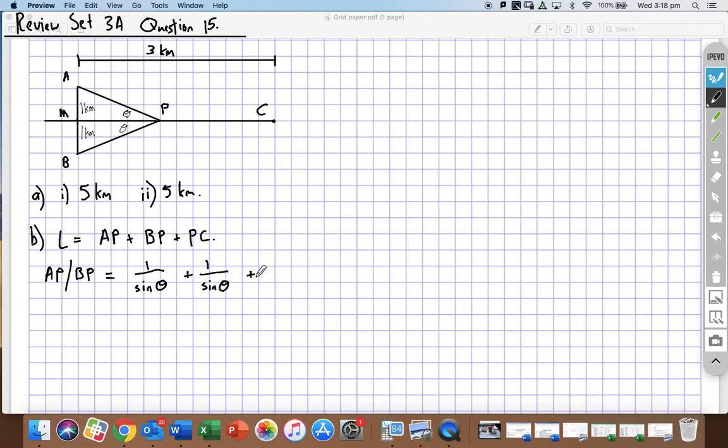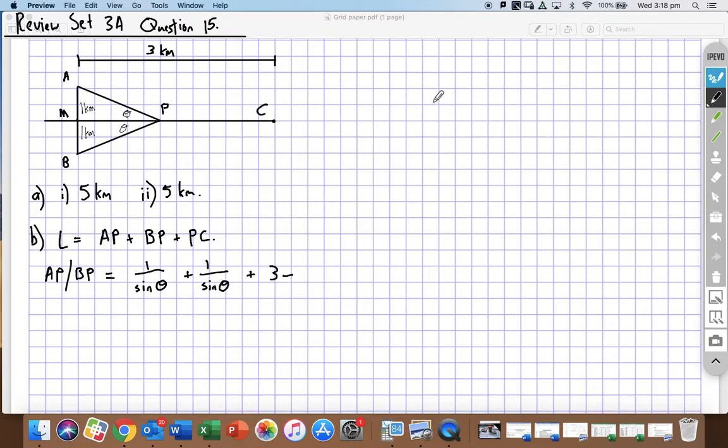All right. Now PC, it starts with 3 kilometres, but then we have to take away this little adjacent length in here. Now I can get this from tan, minus away this length P to M, right?